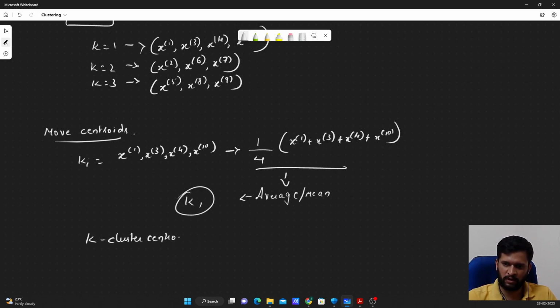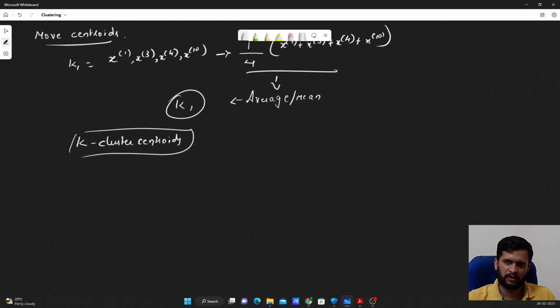So these are the two important steps in k-means clustering, right? We repeat this cluster assignment and move centroid steps multiple times until we see that the cluster centroids are not moving any further.